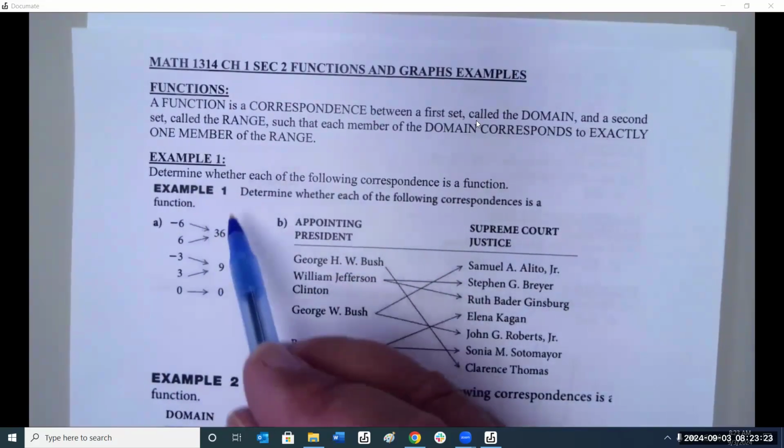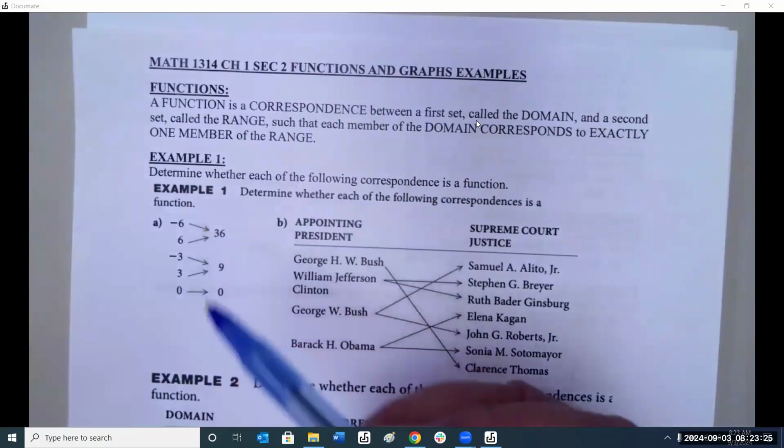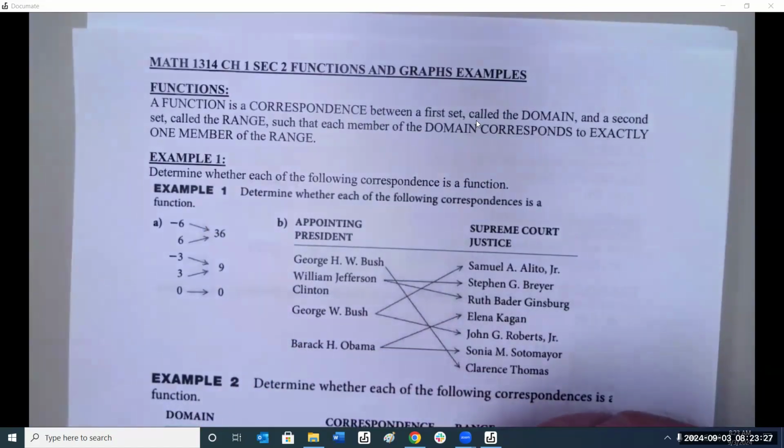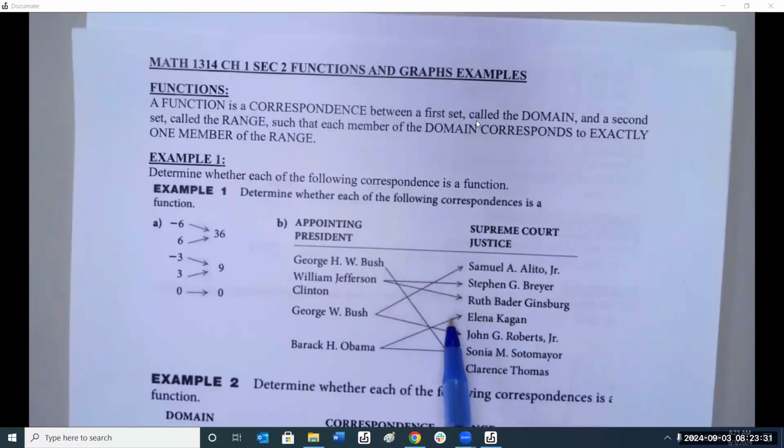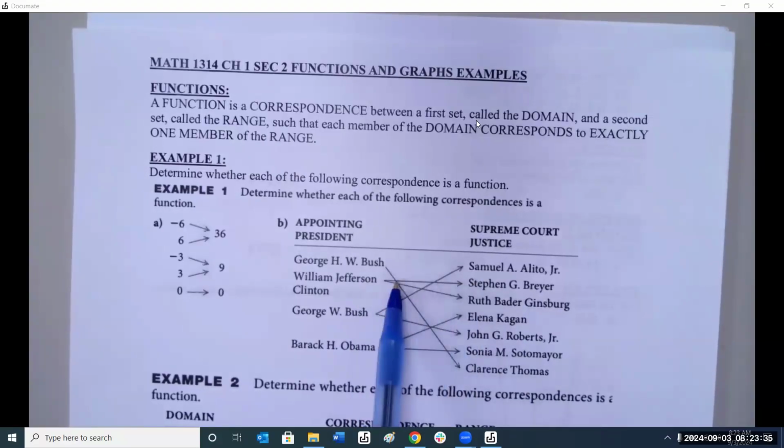All the students can be sent to one instructor. So that's a correspondence. How about this one? No. Jefferson has Breyer and Ginsburg. You can't have split letters. So that's not a correspondence.